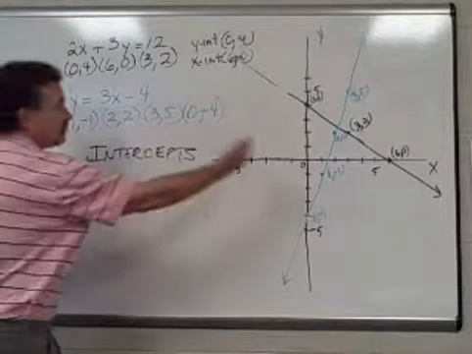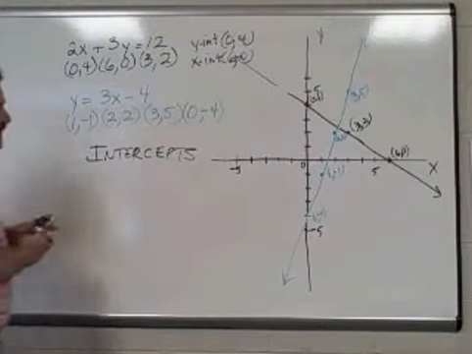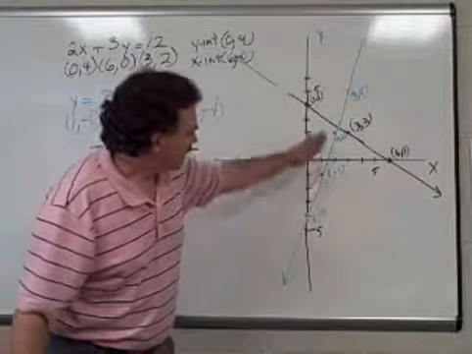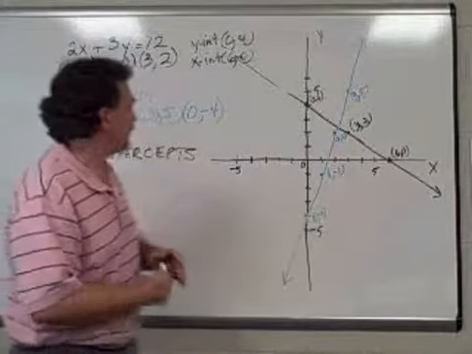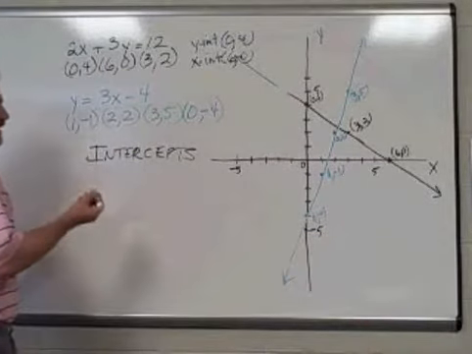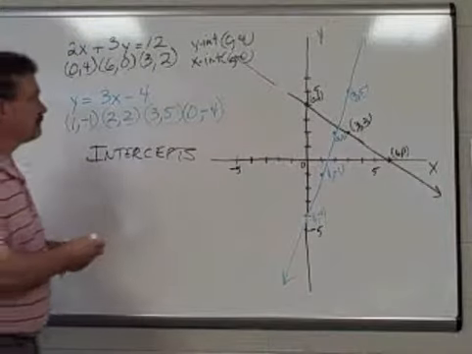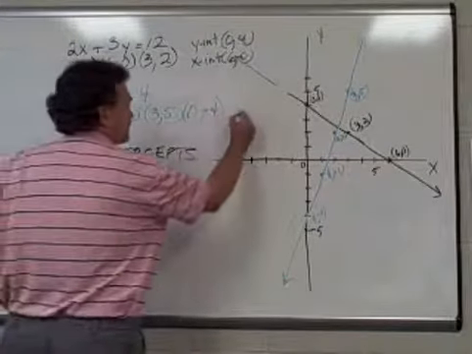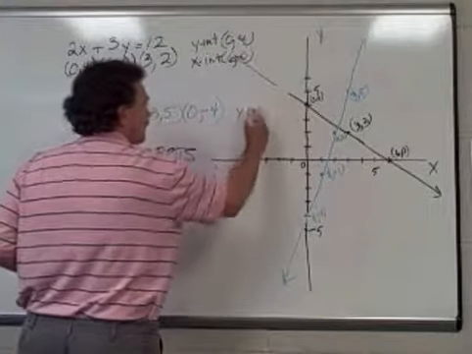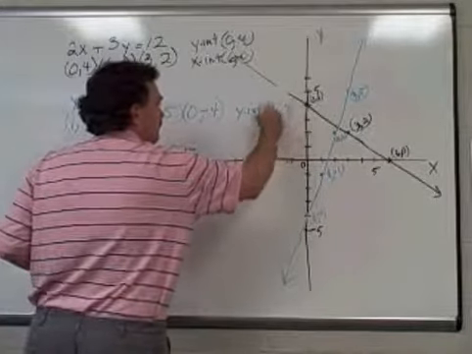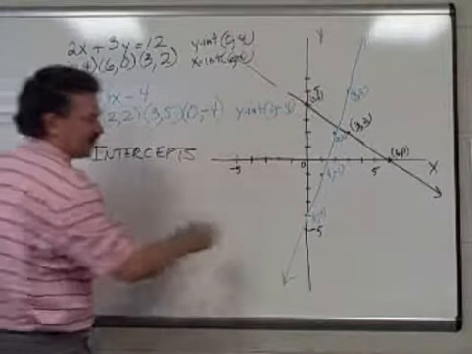If we consider the blue line, the y-intercept for the blue line would be the point here, 0, -4.